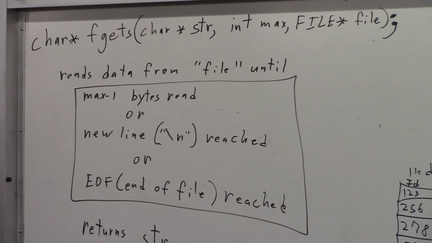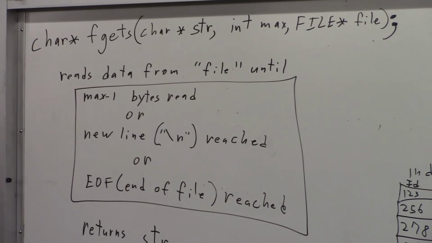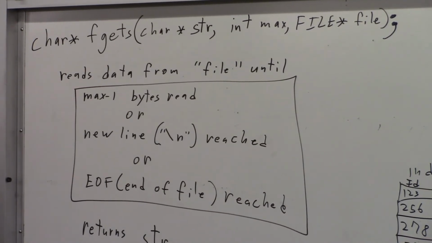So if you initialize a char array as 30, is it 31 that you would put here? No, you'd want to put 30. Okay, so that would be assuming that the new line character or the null character would be part of the 30 then? Right. Because if you've allocated 30, you don't want to tell it, go ahead and write 31, because you're stomping on somebody else's data.